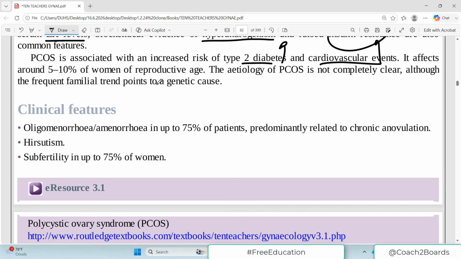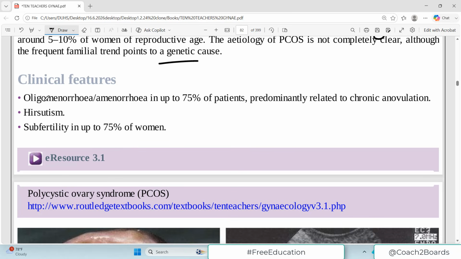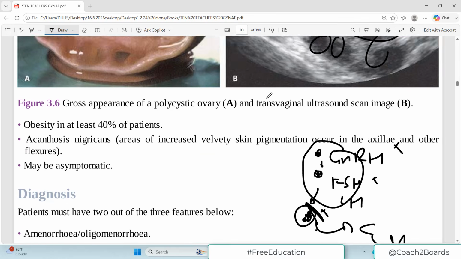Okay, and it's not completely clear why this happens. There are so many factors. There are genetic factors, dietary factors, environmental factors, which can contribute to PCOS development. Clinically, there is either amenorrhea, complete absence, or oligomenorrhea in most of the patients. And there is hirsutism, increased hair all over the body, and subfertility in many of the females, 75%, a big number.